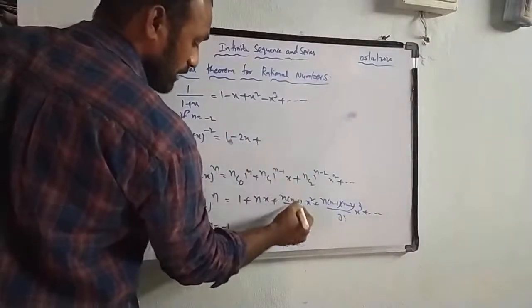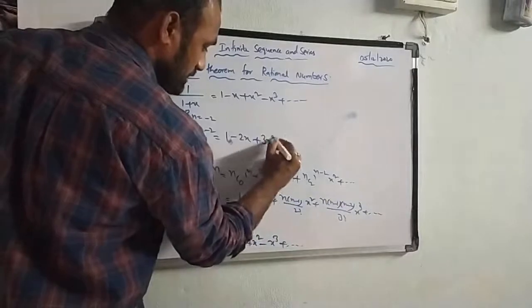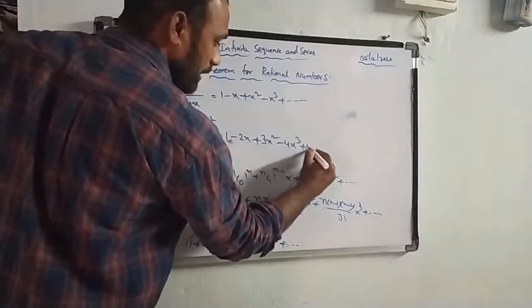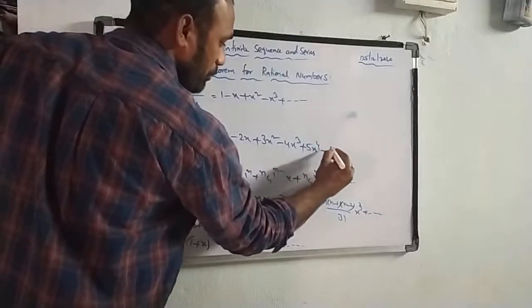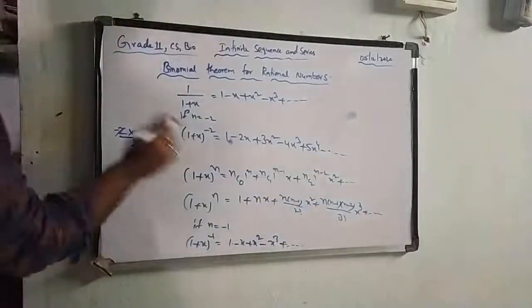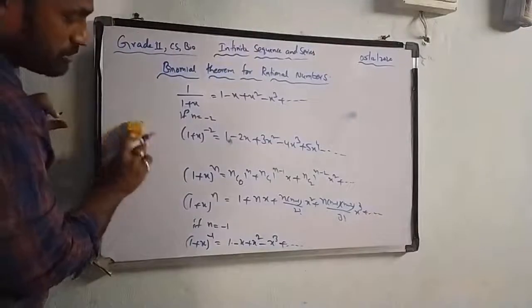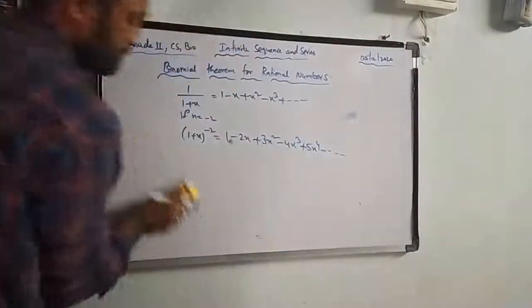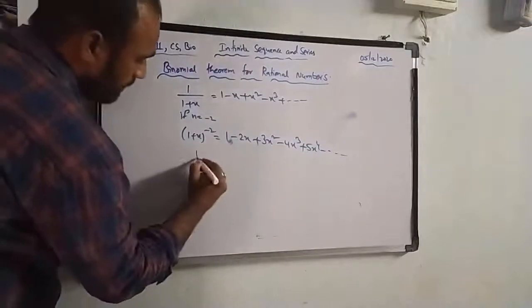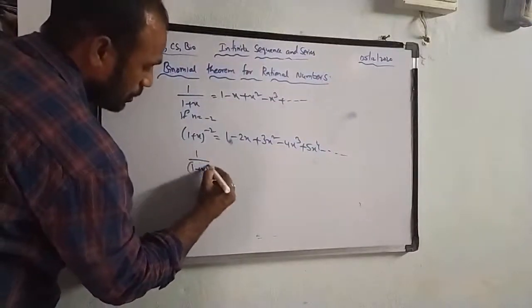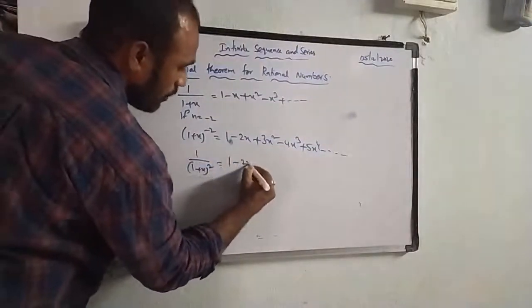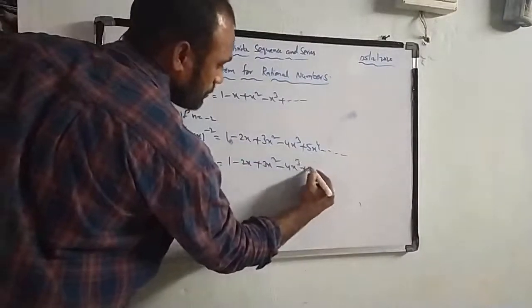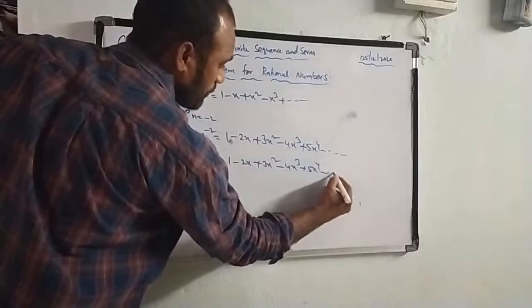So minus into minus, it will be plus 3x square minus 4x cube plus 5x to the power of 4 minus so on. So this will be the series if n is equal to minus 2. This can be further written as 1 by (1 plus x) whole square, which equals 1 minus 2x plus 3x square minus 4x cube plus 5x power 4 minus so on.